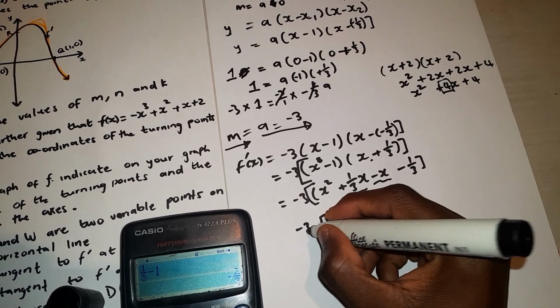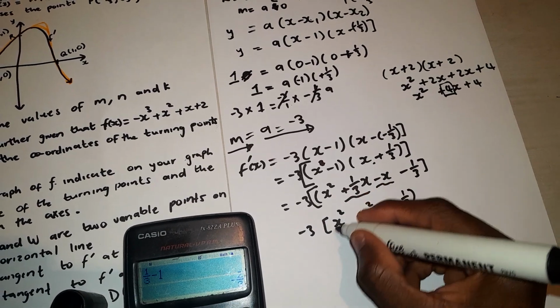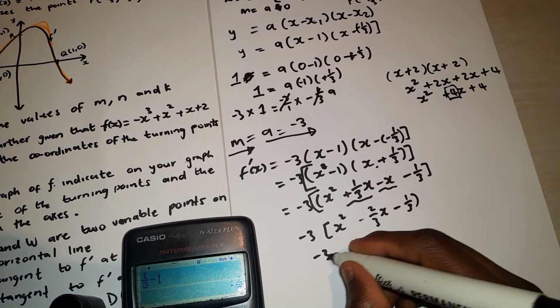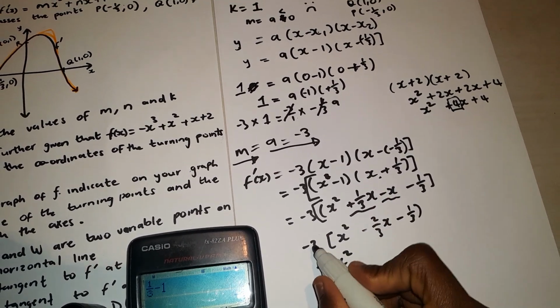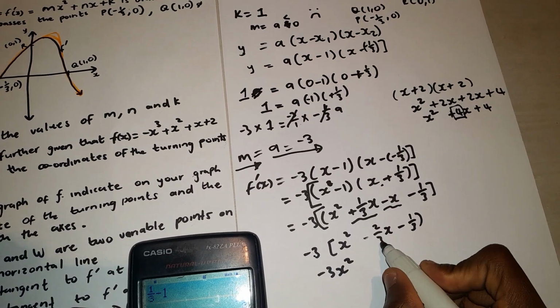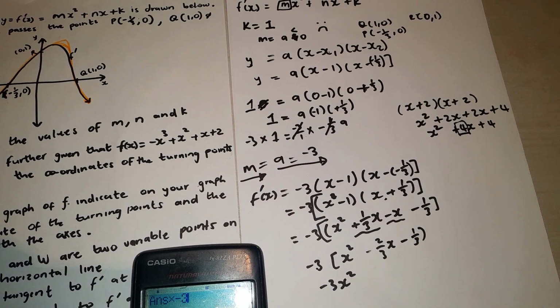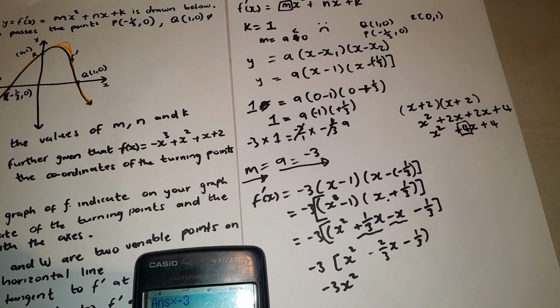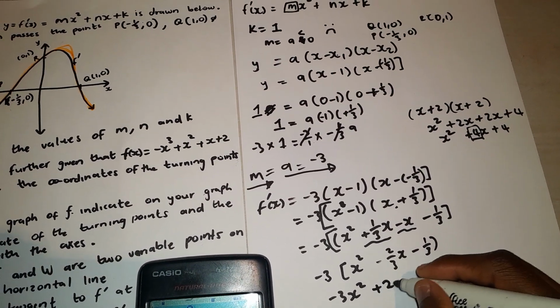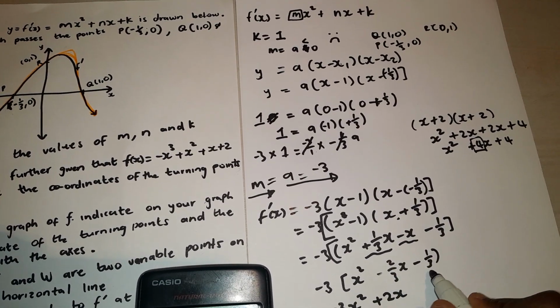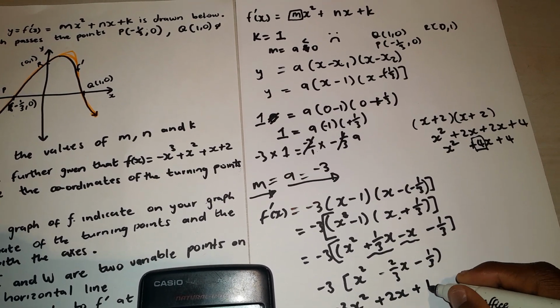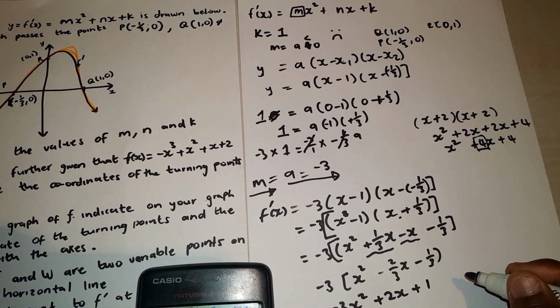Then now we can multiply with this one. It will be negative 3x squared. Negative 3 multiplied by this, it will just be negative. It will be positive 2. Positive 2x, and this will be positive 1, because this and this will cancel out.